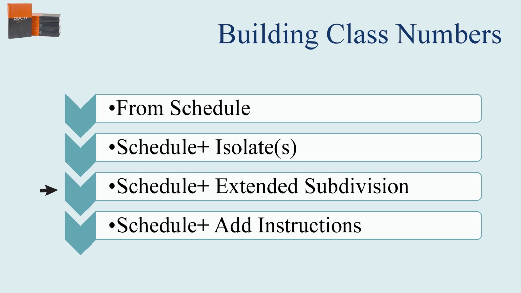That extended subdivision can only be used with that particular class under which it has been provided, or with the range of classes where it has been located. And finally, there is some add instruction or direction in DDC to add different numbers to the basic number. So these are the basic concepts, a rapid recap of Dewey Decimal Classification and Library Classification Scheme.